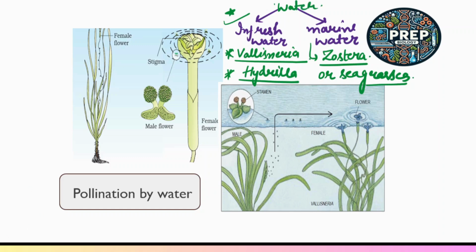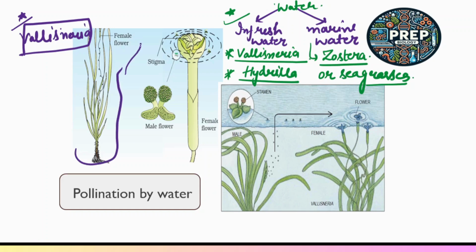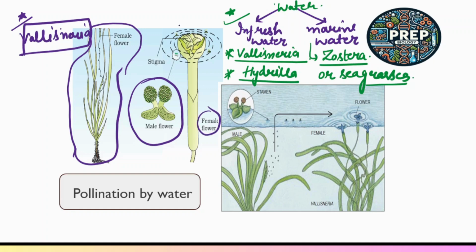So these examples come under the water pollinated aquatic plants. Now this is the picture of Vallisneria. Understand it carefully. This is the structure of a full plant. The male flower looks like this, and the female flower looks like this. The female flowers are long.